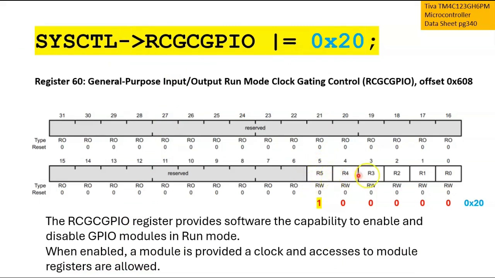Now if you translate this binary into hexa, that would be 20 hexa. Hence this instruction, SYSCTL arrow operator RCGCGPIO pipe equals 20 hexa, and 20 hexa is translated into binary because we want to enable bit 5, and that will enable the clock for GPIO port F.